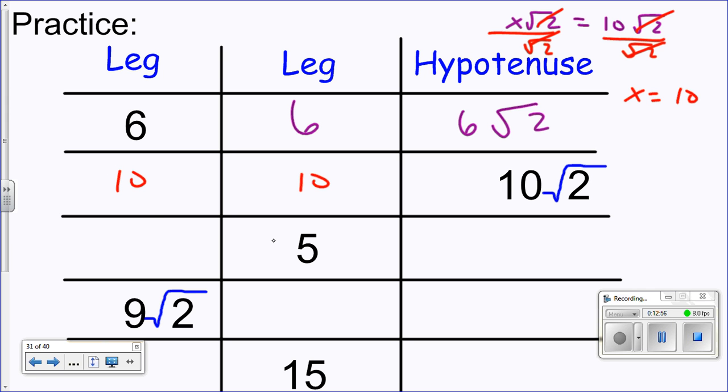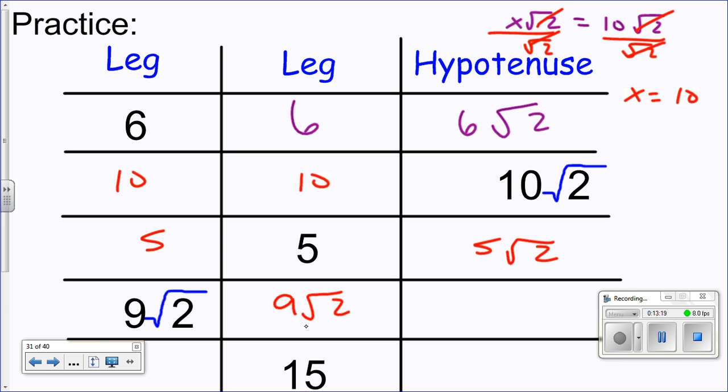On the next one, if one leg is 5, the other leg has to be 5. So that means the hypotenuse has to be 5 root 2. The next one kind of wants to trick us up, which is fine. They want the leg to be 9 root 2. So that means the other leg is 9 root 2, right?